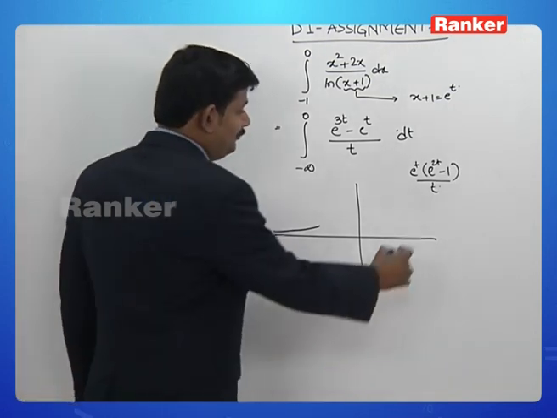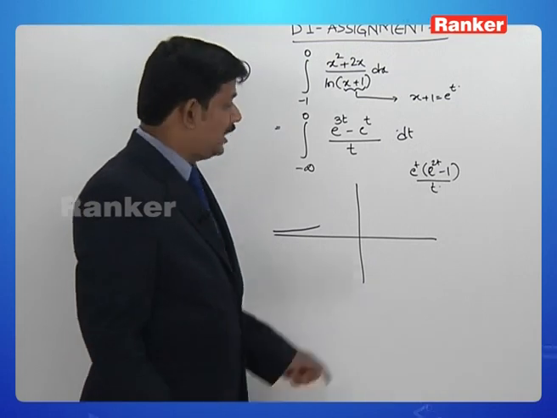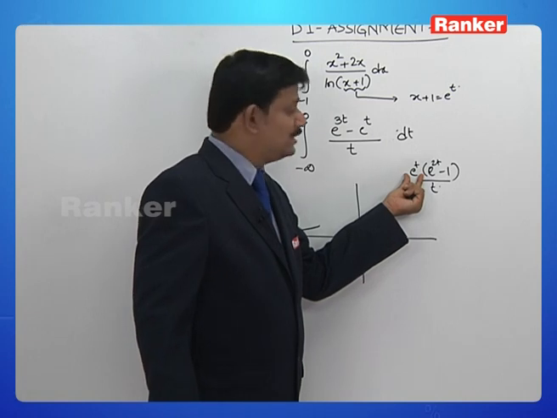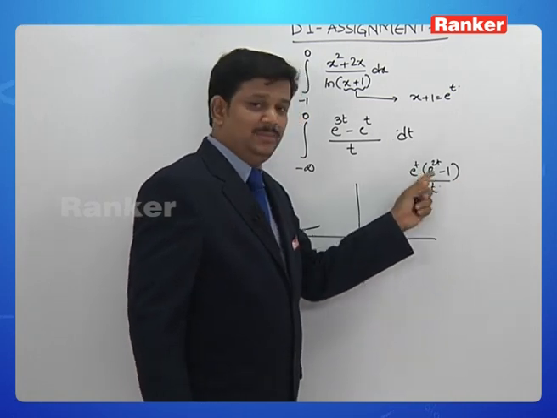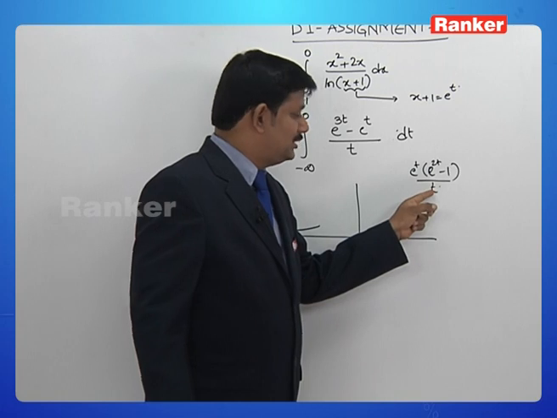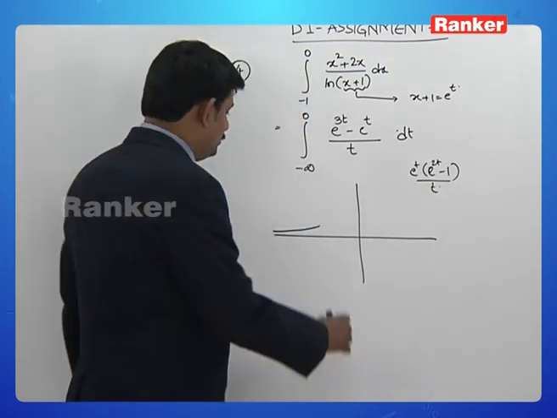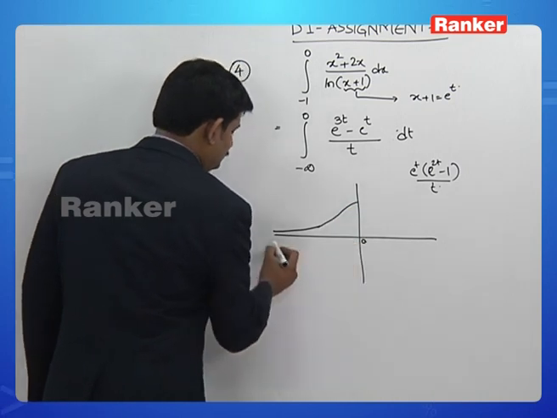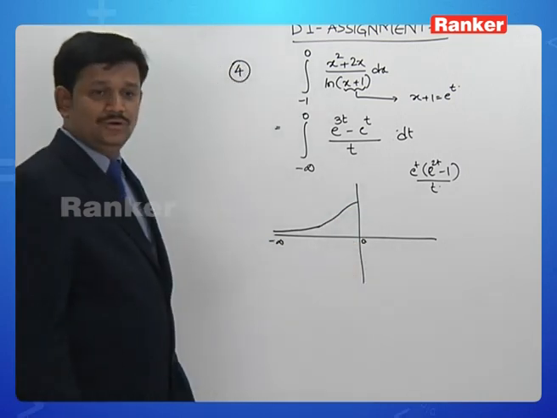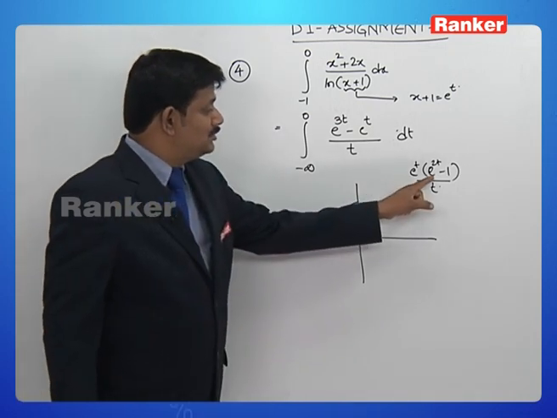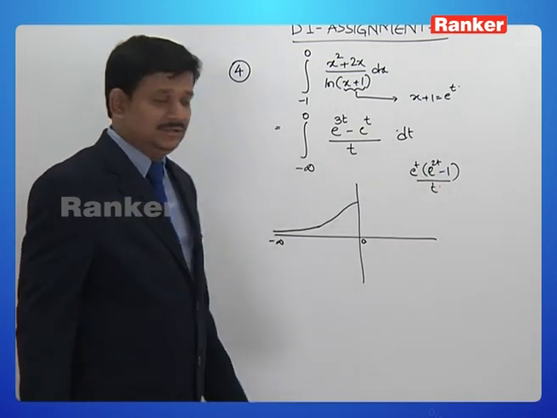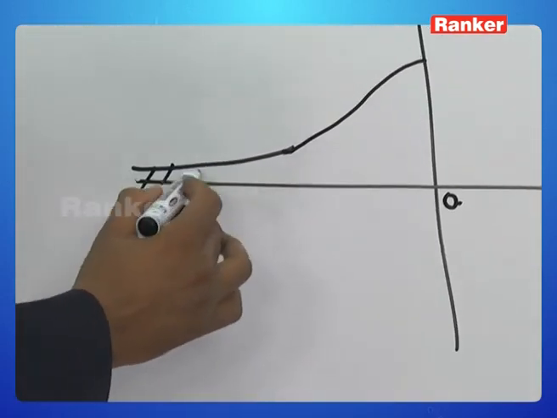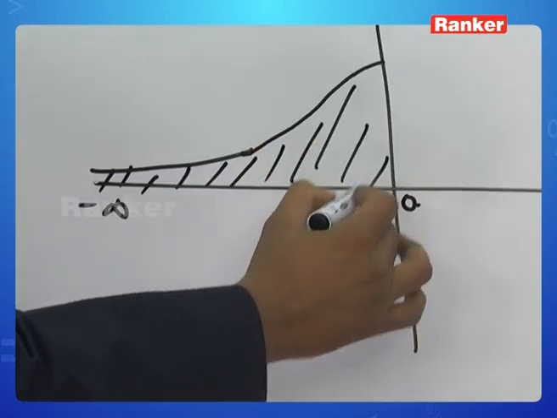It starts increasing, and as t tends to 0, e power t is 1, e power 0 is 1, and this is the standard limit, e power 2t minus 1 by t is 2. So, this function increases to become 2 when t is 0. If you look at the graph of the function, when t varies from minus infinity to 0, it is a strictly increasing function having its values between 0 and 2.